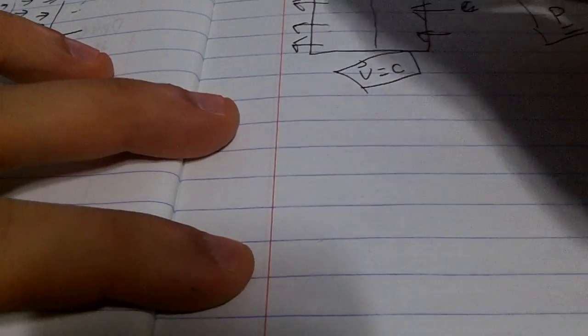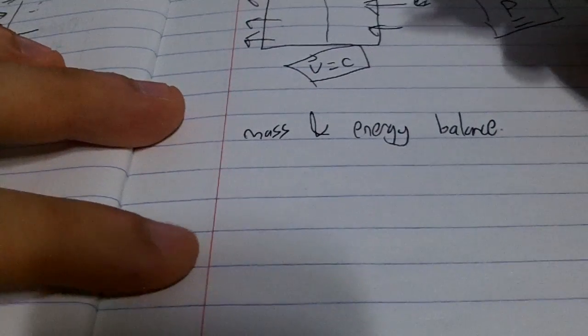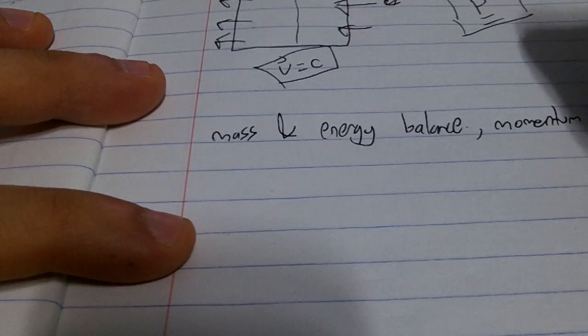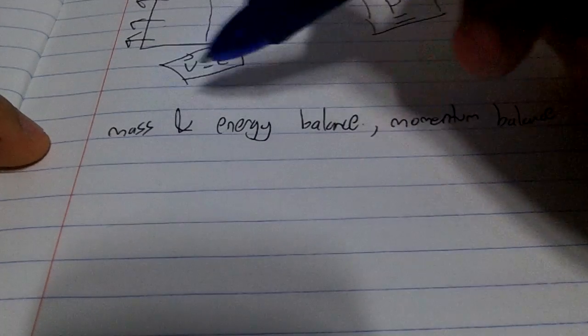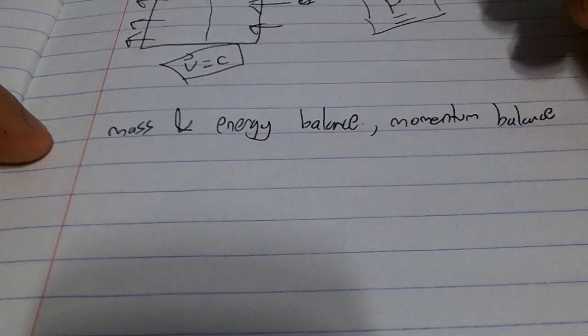Now, as usual, once we have our control volume, we can start having a mass and energy balance. But in other cases, you might want to use a momentum balance as well. Theoretically speaking, you can use any one of these two, as long as you have the mass balance inside.